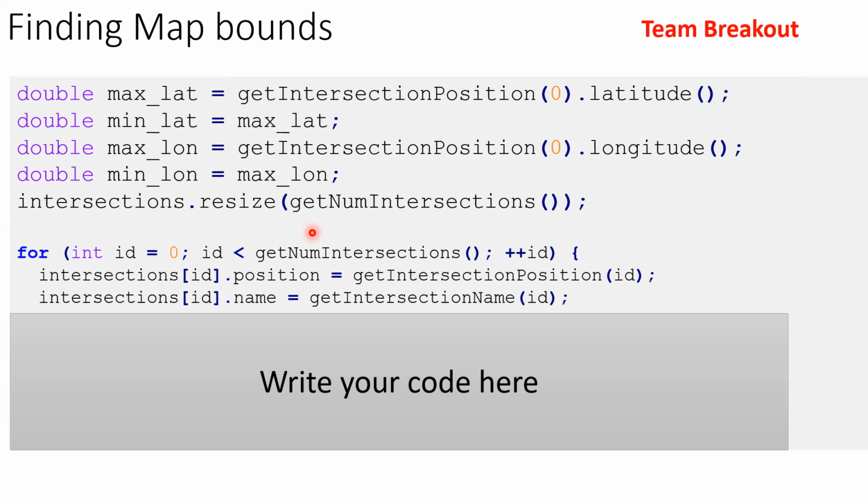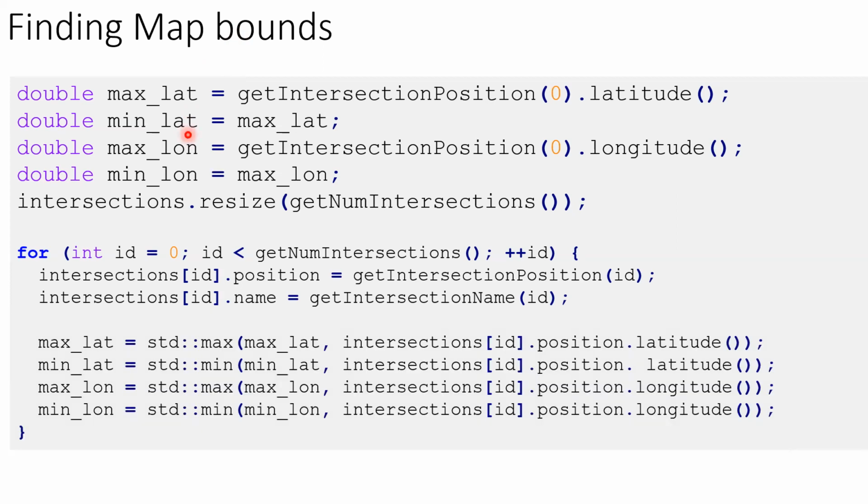We set it to be the first point, and then we go into every single point and compare. If we initialize it to be a point in our map, it's not going to exceed the maximum and it's not going to be lower than the minimum. It can be either the maximum or minimum or something in the middle.